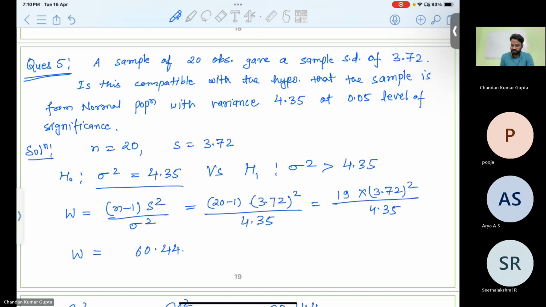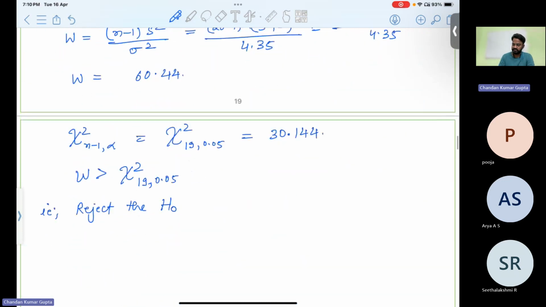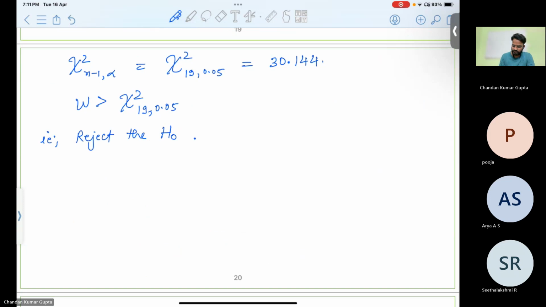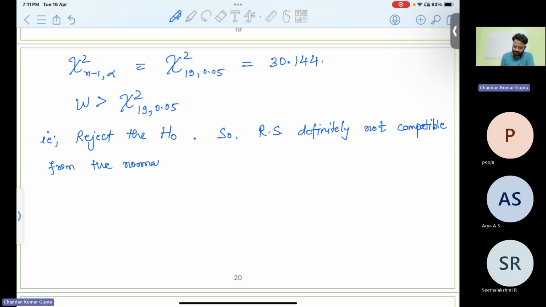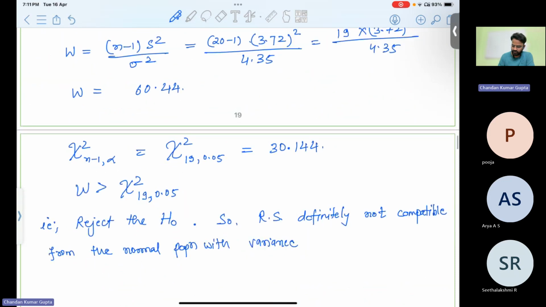H naught is this: that the sample is compatible with the hypothesis that the sample came from a population with this variance. So we conclude that the random sample is definitely not compatible with the normal population with variance 4.35.